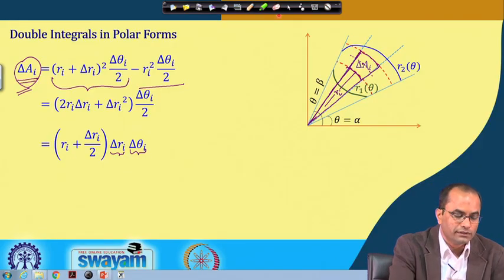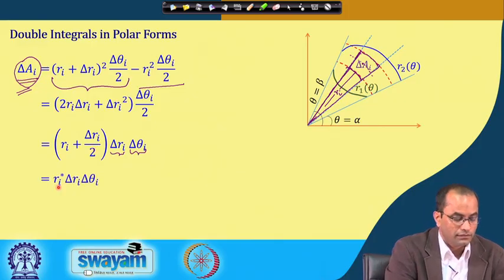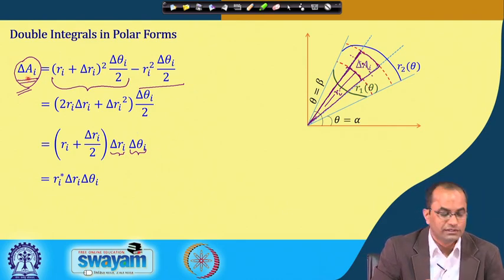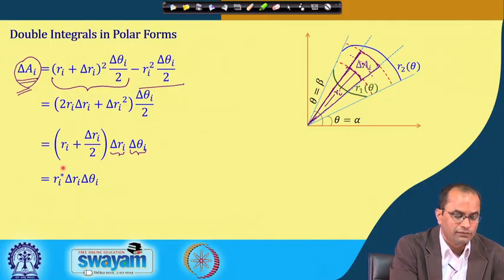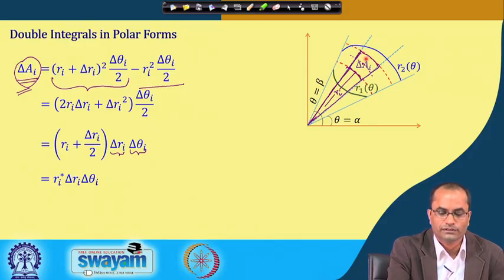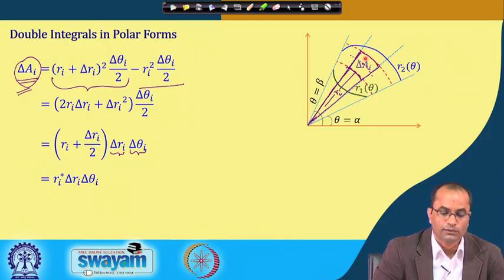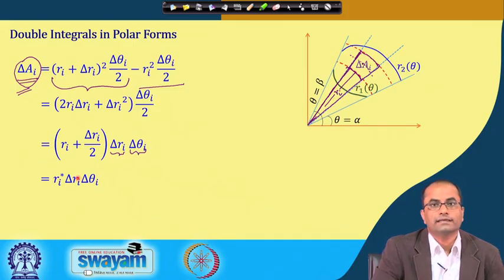We can denote this by r_i star, and then we have delta r_i delta theta_i. So, the area of this small region is r_i star, which is the middle of the two circular arcs we have for this region, times delta r_i delta theta_i.